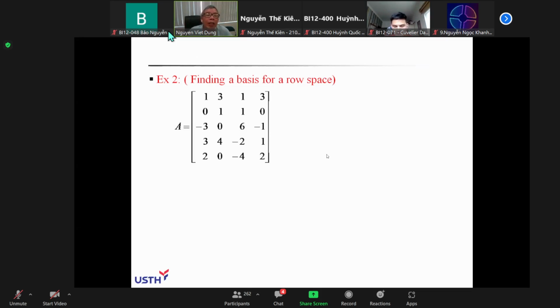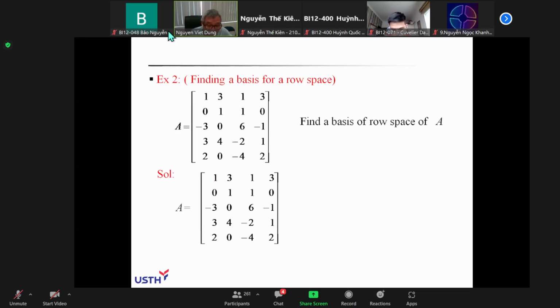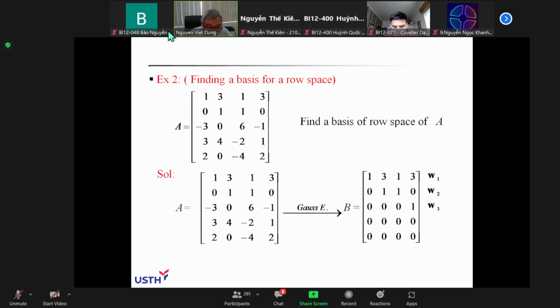Suppose that we are given a matrix A like that. That is big enough for us. You need to find a basis for the row space of A. We do as follows. We apply Gaussian elimination to transform A into B. Obviously, the Gaussian elimination here consists of many operations.